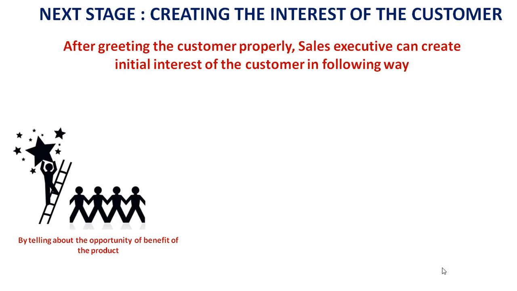Here, the sales executive need not explain the products fully, because that may be boring to the customer initially, and it is not advisable to explain all the product features without knowing the customer's requirement. But the sales executive tells some selected one or two lines about the product.